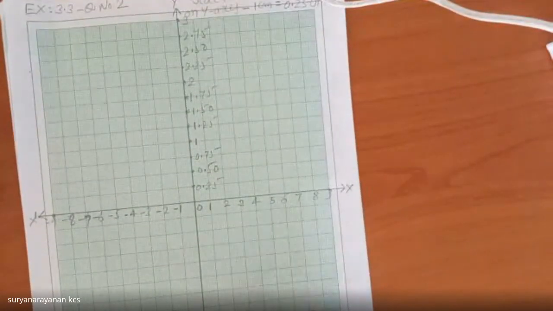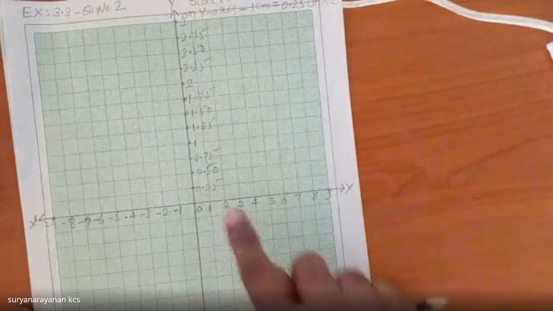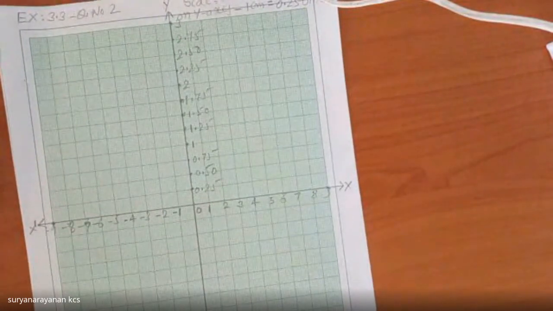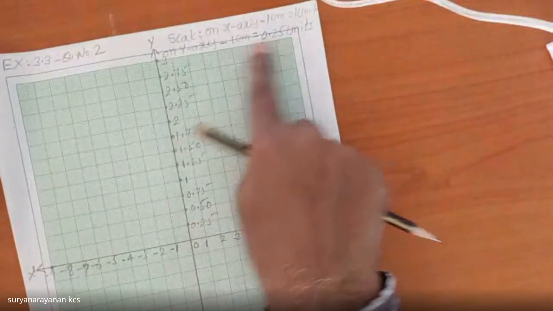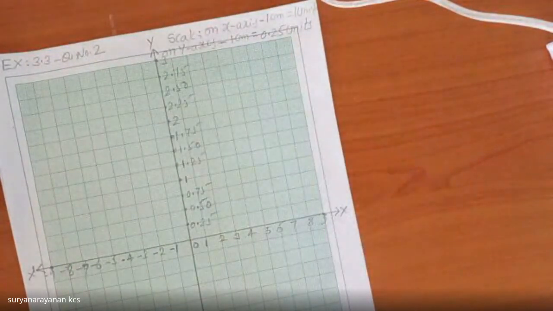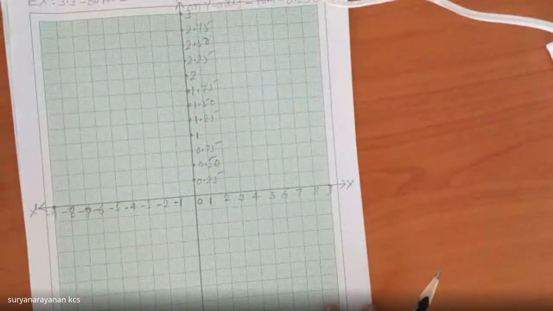These are the units we marked on the y-axis according to our scale, at every 1 centimeter. Understood this point, my children?